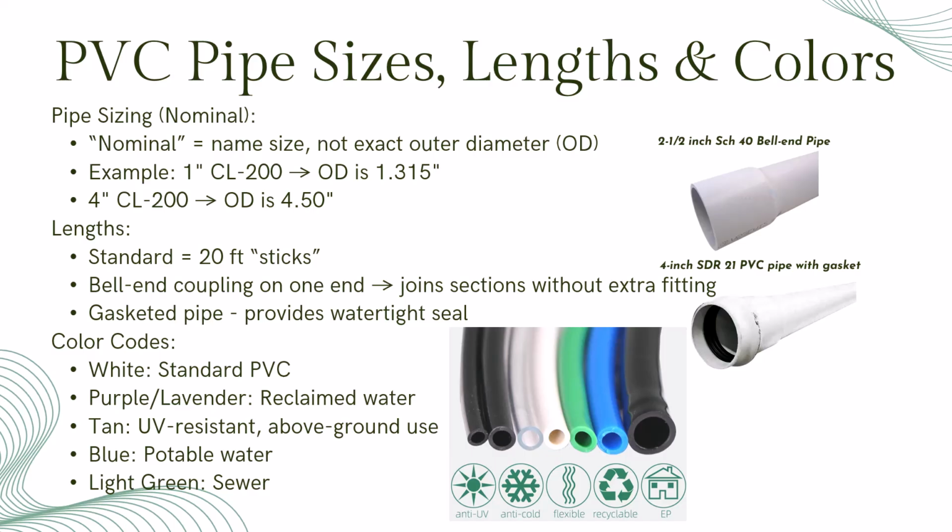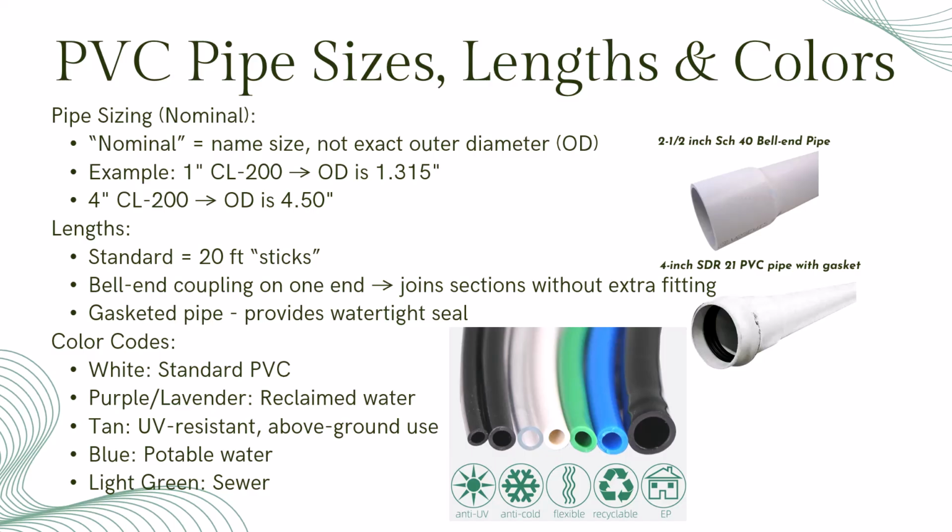Next, lengths. Standard PVC pipe comes in 20-foot sections, often called sticks. Most CL160, CL200, and Schedule 40 pipe has a bell end coupling molded into one end so you can connect two sections without a separate fitting.